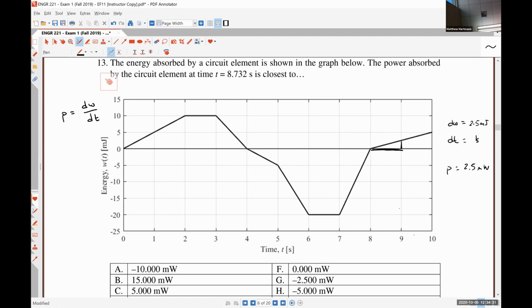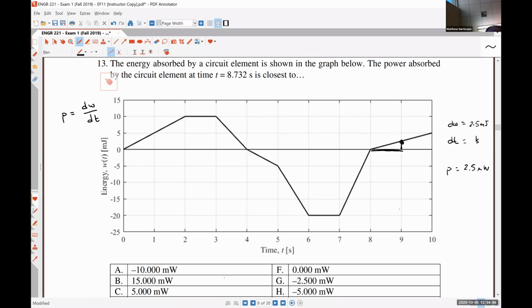Was that an adequate explanation? Where did you get the dW, the change in work, 2.5? This point, hold on. There's a pop-up on my screen that I don't know how to make leave.